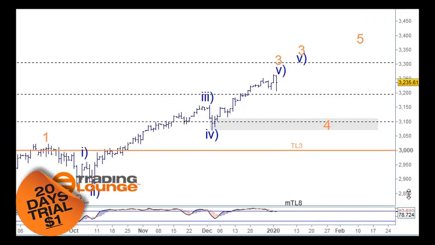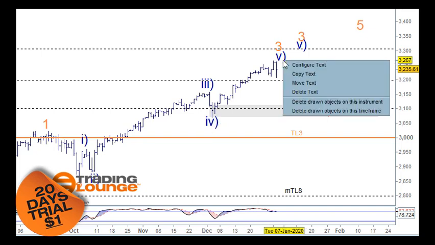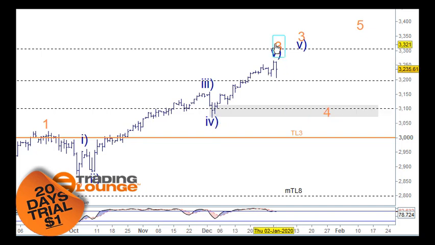With the daily chart, we're looking at 2 scenarios that we talked about last time. One of them is that we have this wave 4 to wave 5, with that top in play, or we have one more little move to the upside to finish this off.